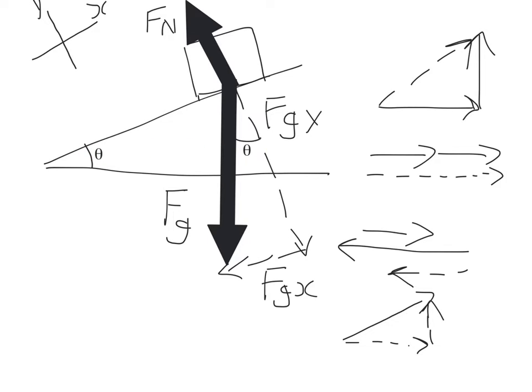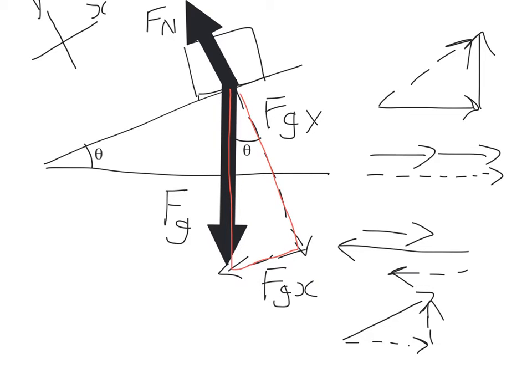So now what I've got is a right angle triangle that looks like this. This is the hypotenuse. This happens to be the opposite side to the angle. This happens to be the adjacent side to the angle. So what we've got is a brand new triangle that kind of looks like this.